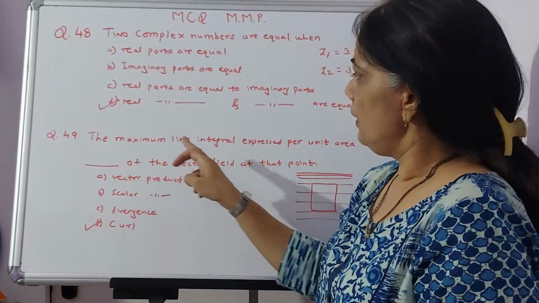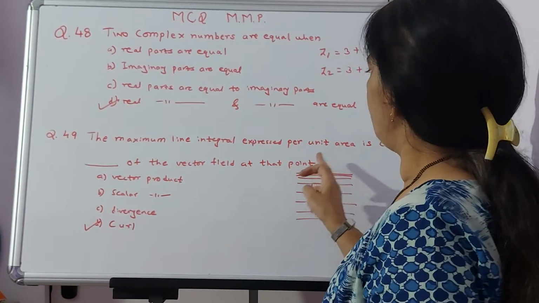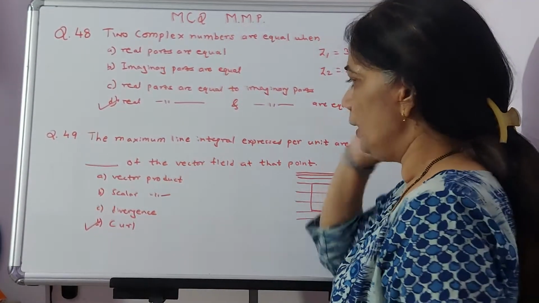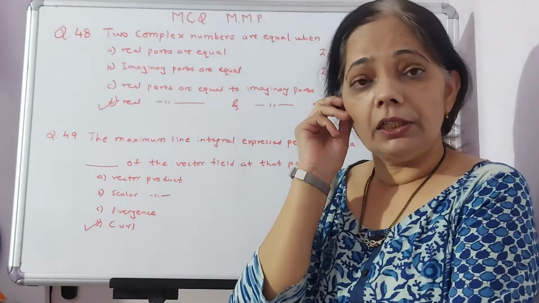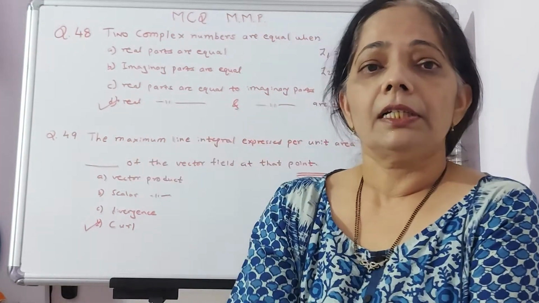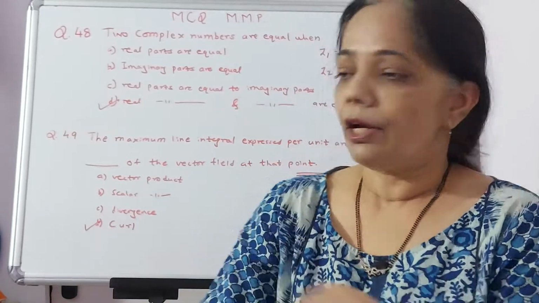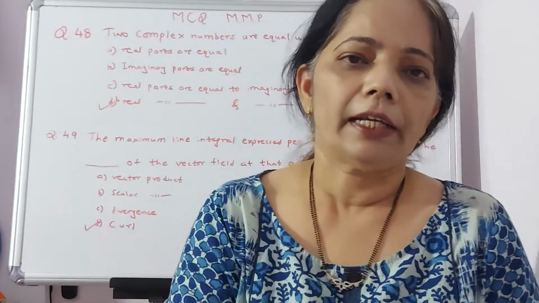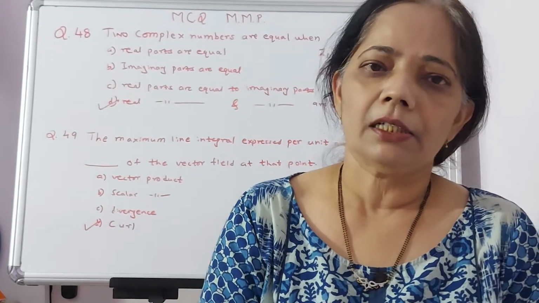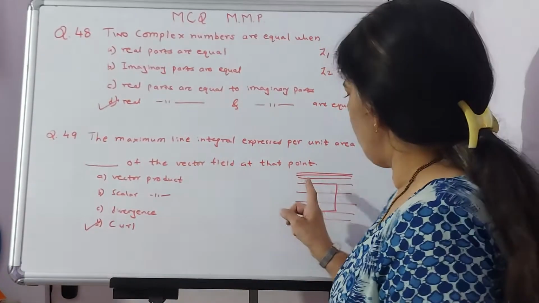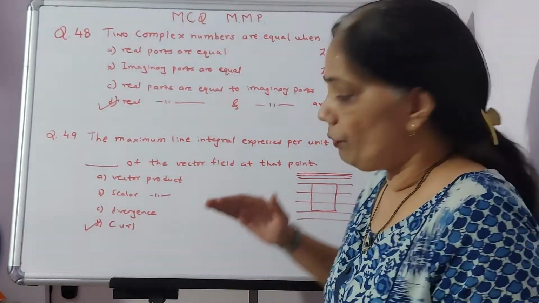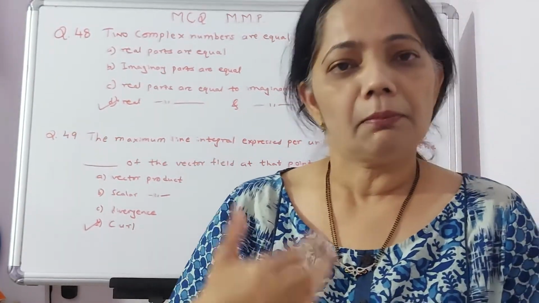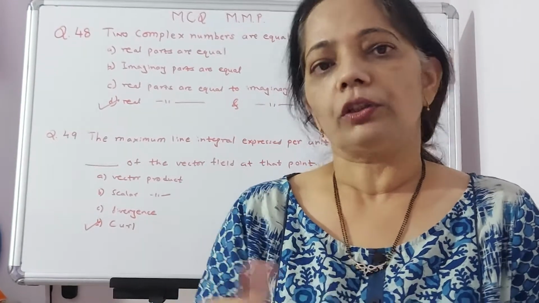The maximum line integral expressed per unit area is called the dash of the vector field at that point. So over here, this is nothing but the physical significance of the curl. Whenever you have a field in which a rectangular or square area is placed, depending on the position, suppose this is A, B, C, D. When these two faces are parallel, that time you get the maximum line integral along that side.